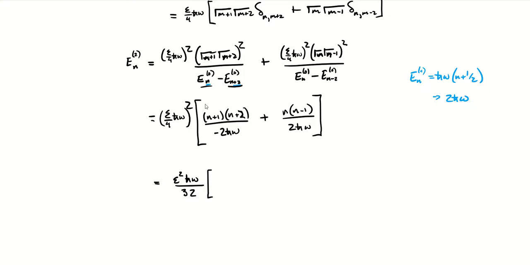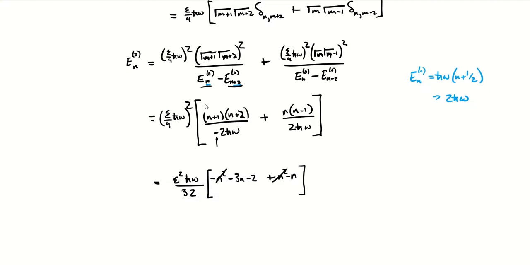expand those things, and we get n squared. It's negative because of that in the denominator, negative n squared minus 3n minus 2. On this side, we have plus n squared minus n. So we're doing all this, those cancel.